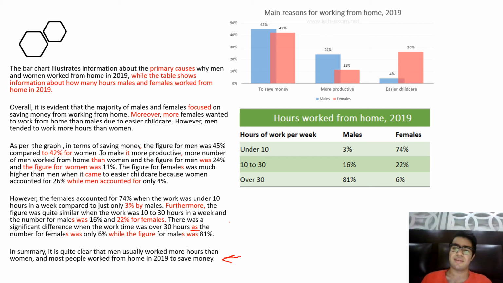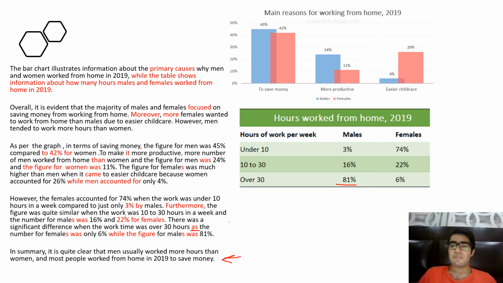You just say the overall thing. You don't need to include figures. You just say, in summary, it is clear that men usually work more hours than women. It's evident in the table, and most people work from home. In people, we are involving both men and females. So both males and females are included in the word people, and most people work from home in 2019 to save money.